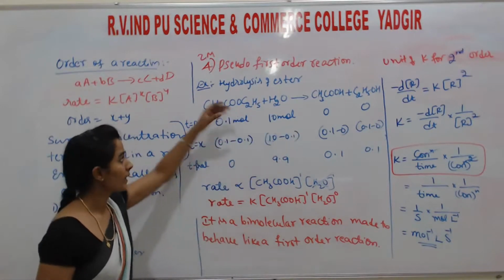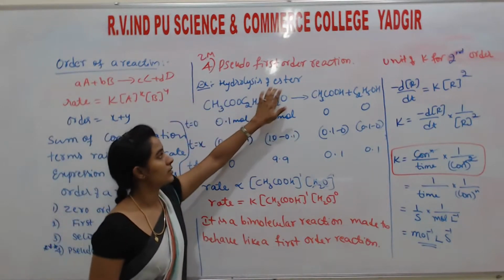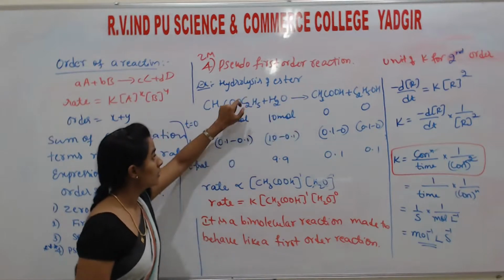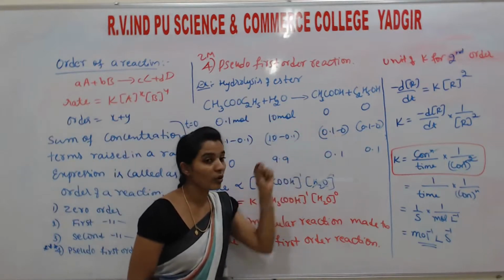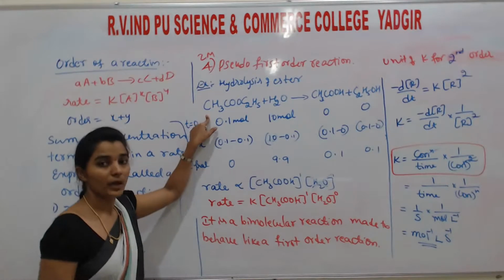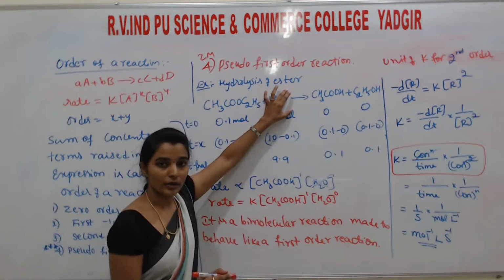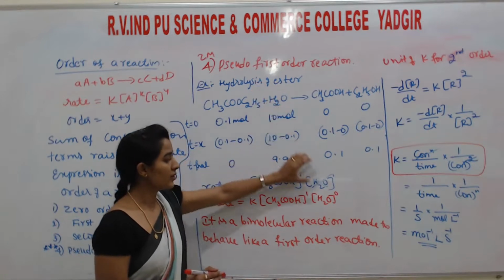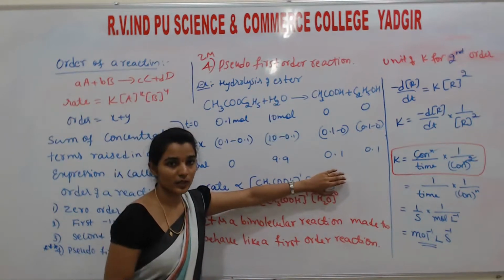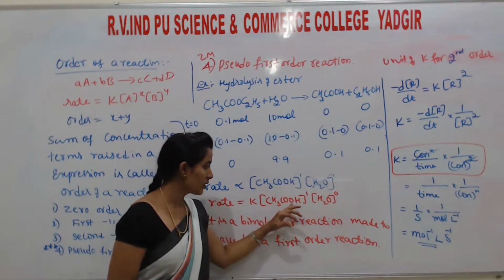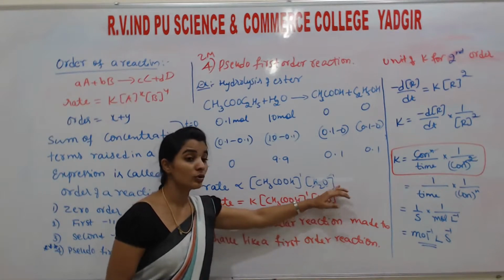What is the reason? As I told you, this is an example. This is hydrolysis of ester. Here, the product concentration depends on only the concentration of ester. But to complete the reaction, we require both ester as well as water. So here, the water concentration is neglected. Understand? So that's why it is ester to the power 1, H2O to the power 0.